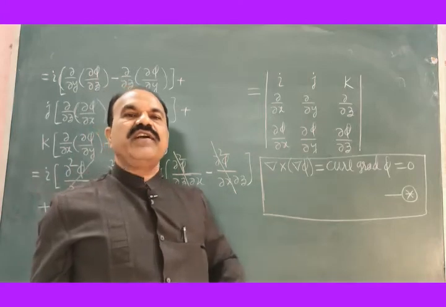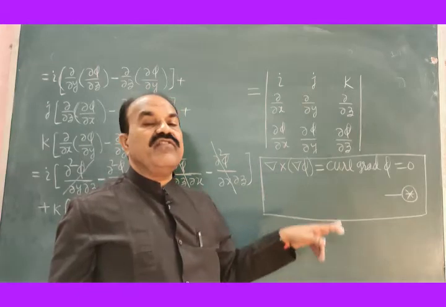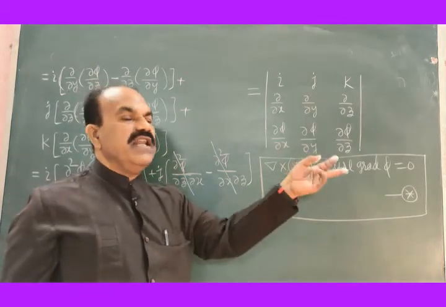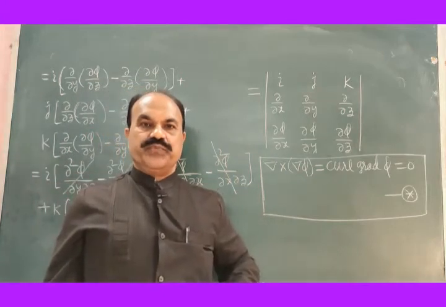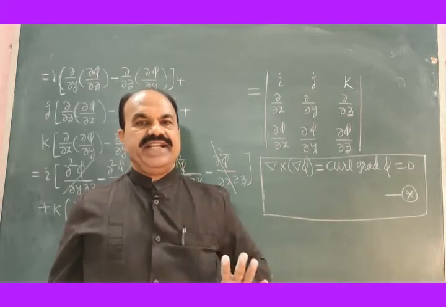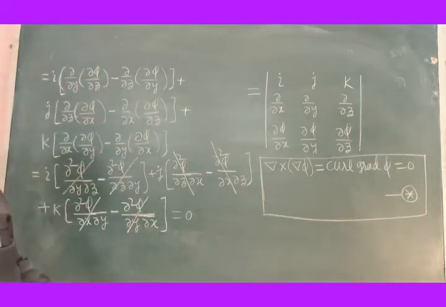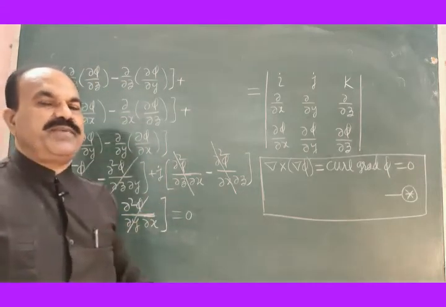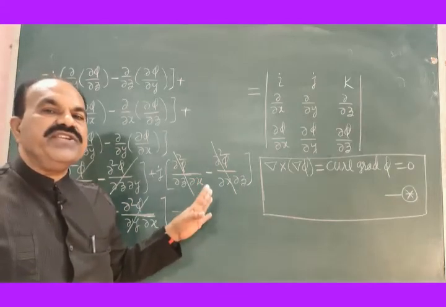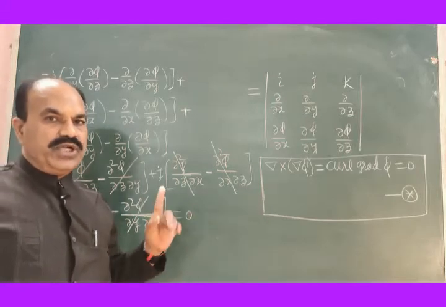Del cross del phi for any scalar function phi is always 0. Remember this as one vector identity. For your reference, I have solved each and every step so that it is very easy and simple for your understanding. Hope you got it.